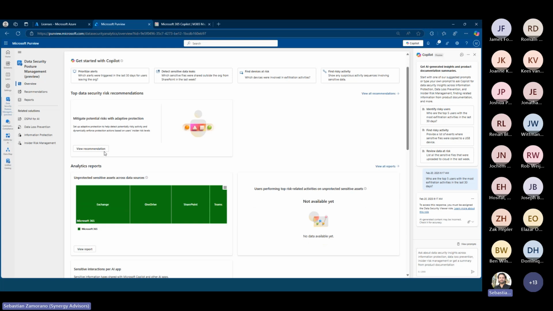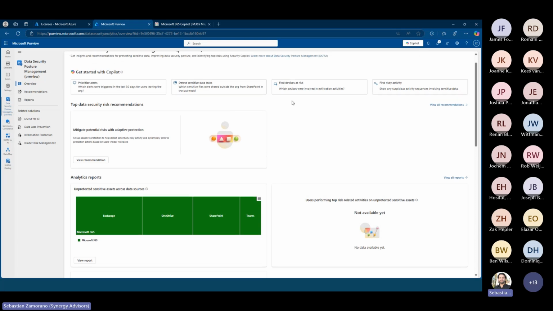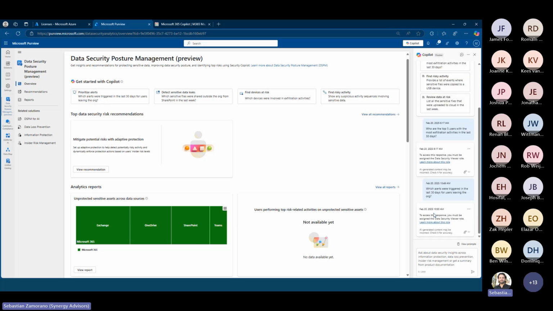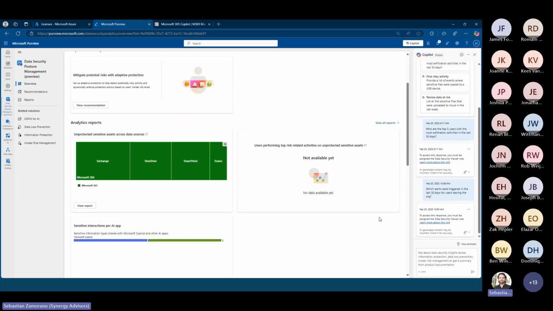I want to go back to Copilot. In this case, it permits me to interact, prioritize the alerts, and I can start playing with Copilot. This is not Security Copilot. It's not the icon of Security Copilot. This is the icon of Microsoft 365 Copilot that can help me under DSPM to understand the different alerts that are in place, identify data leaks, show me some risk, and help me take some actions.